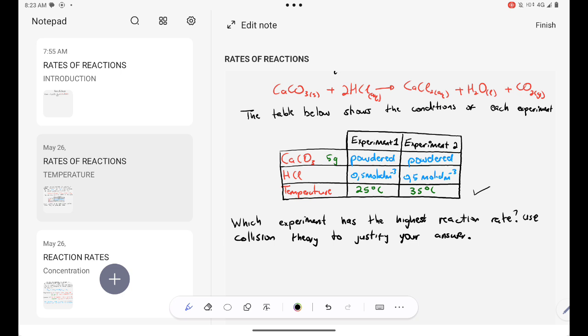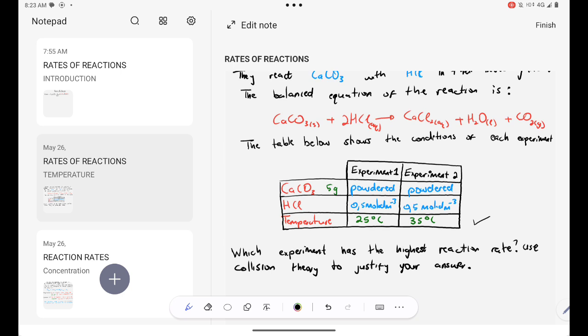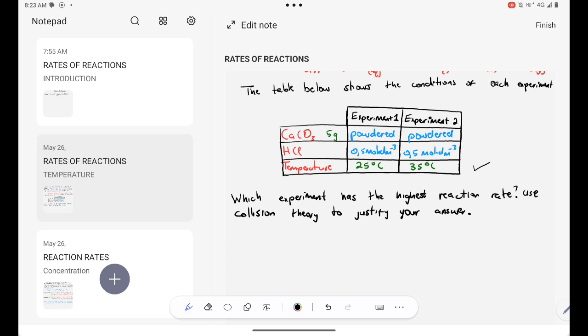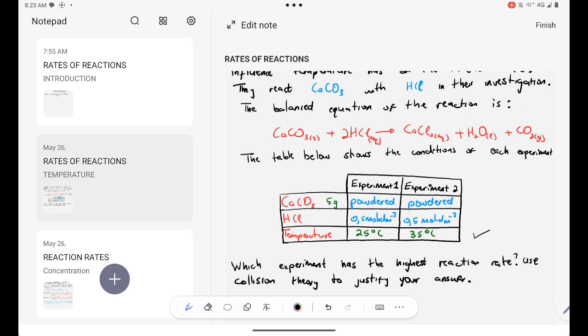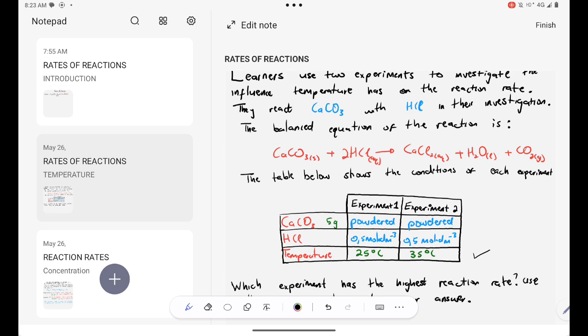Obviously, whenever you're dealing with rates of reactions, your dependent variable is always your reaction rate. It's always the time. Your independent variable is just one of the factors that influence the rate of reaction. So since over here we're investigating temperature, it simply means our independent variable is temperature.